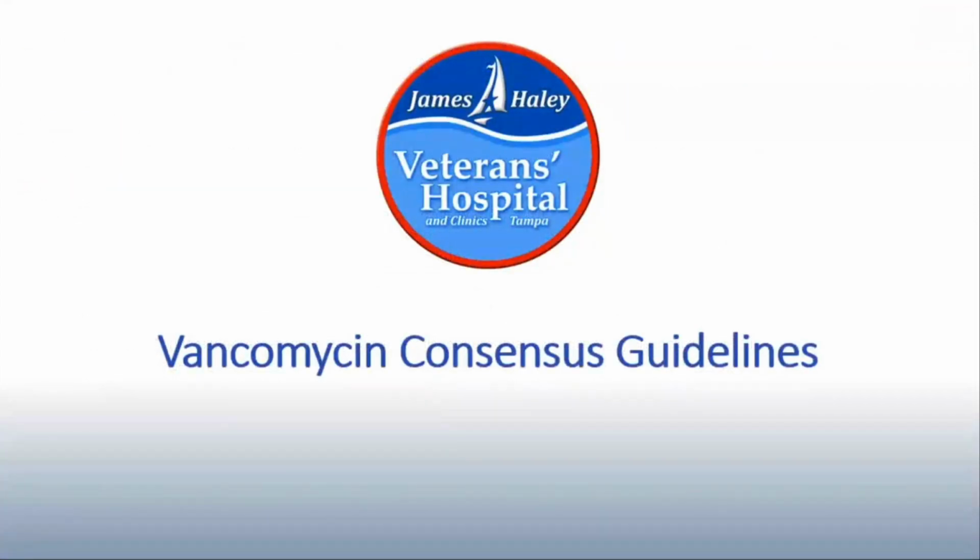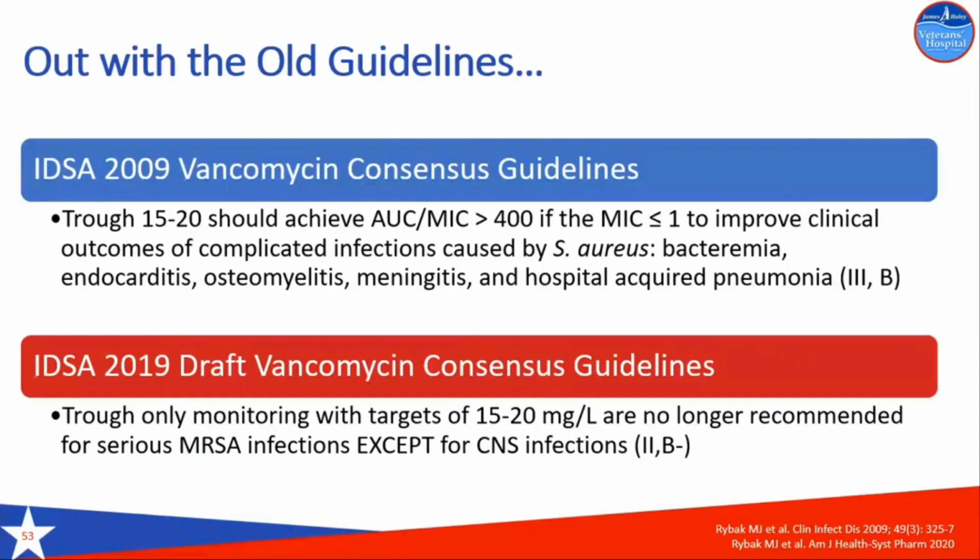So just summarizing what's in these new consensus guidelines. Obviously, our old guidelines were looking at troughs. We wanted a goal of 15 to 20 that would equate to an AUC of greater than 400. And then with these new guidelines, trough-only monitoring is really going out of favor.